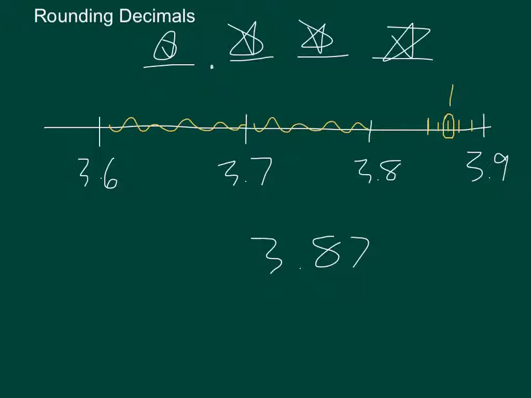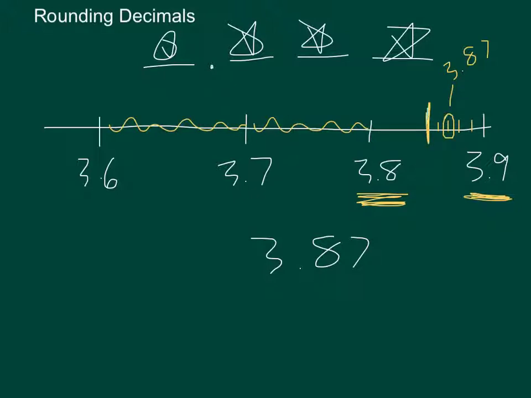That's 3.87, 3 and 87 hundredths. And we want to round it to the nearest tenth. So we have 3.8, that's one of the tenths that's kind of close by, and then 3.9. So we have 3 and 8 tenths or 3 and 9 tenths.